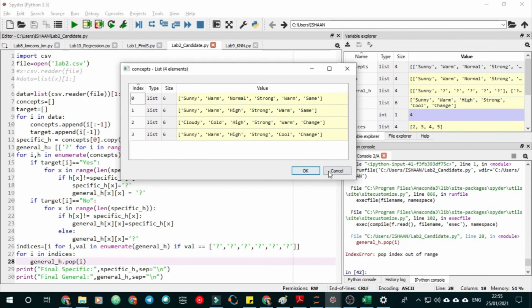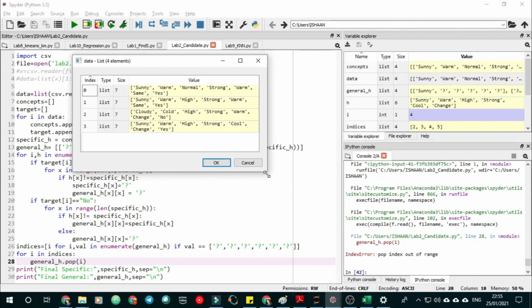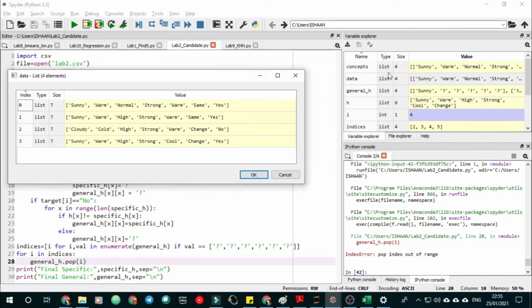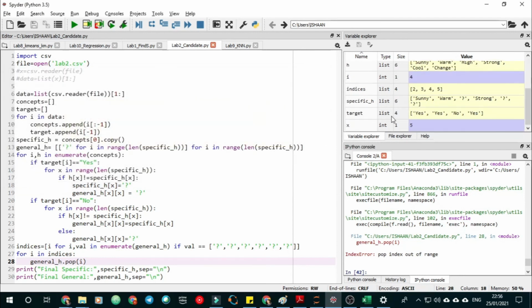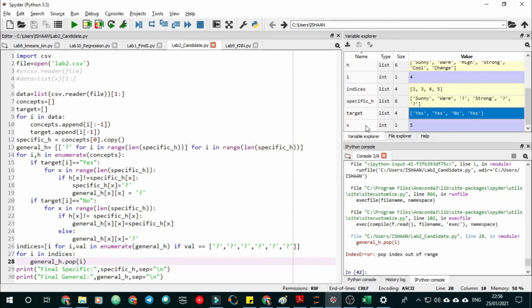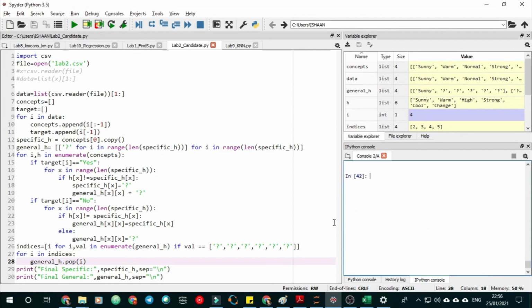Okay, this is what the detailed data has here. Data has this much. Data has the target, concept has without target, and target has only the targets. This is the output. Thank you.